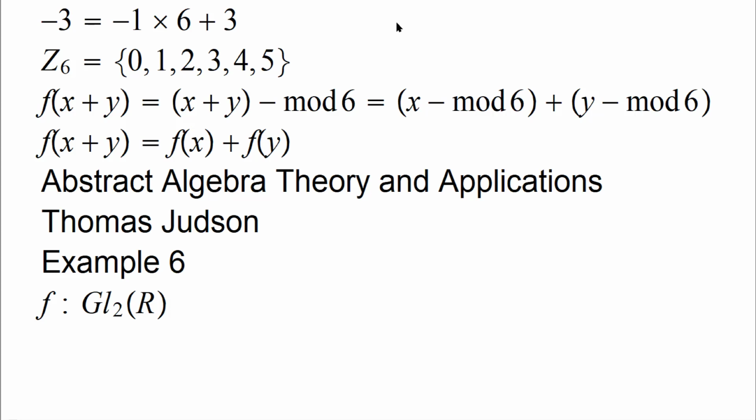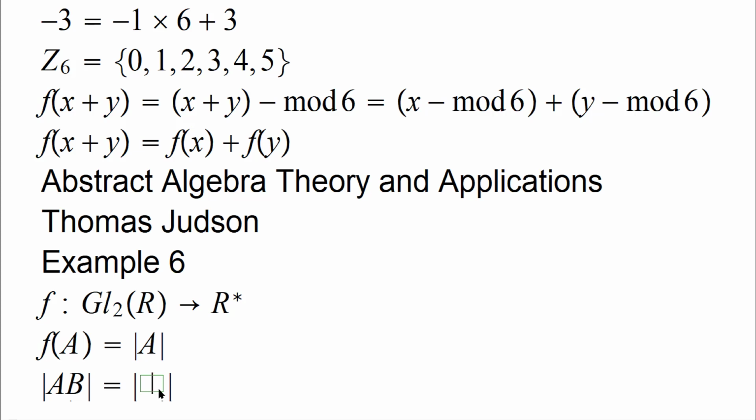Okay, so you can take a map from this group, which is also called a general linear group, to R star, the group of non-zero real numbers, defined by f of matrix A, which is a 2 by 2 matrix A, equals the determinant of A. And since if I take two square matrices, and here we are just looking at 2 by 2 matrices, the determinant of a product is the product of the determinants.